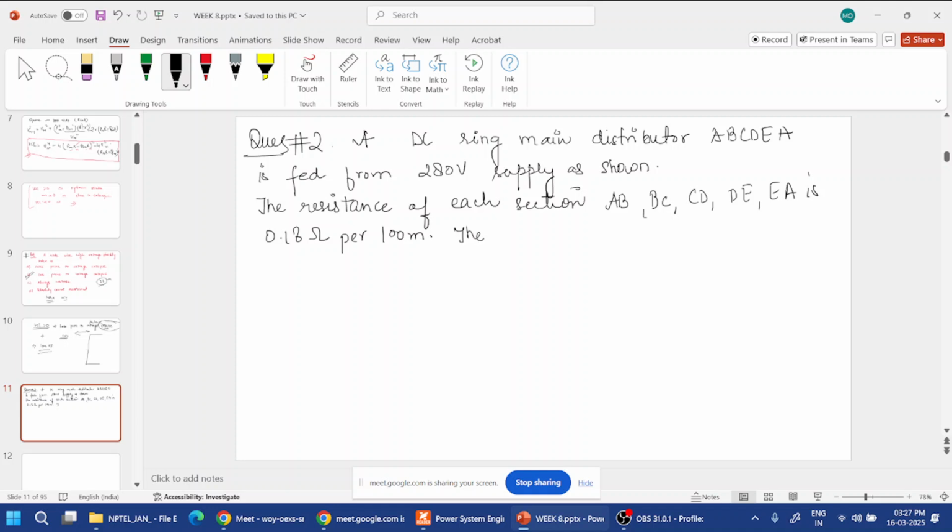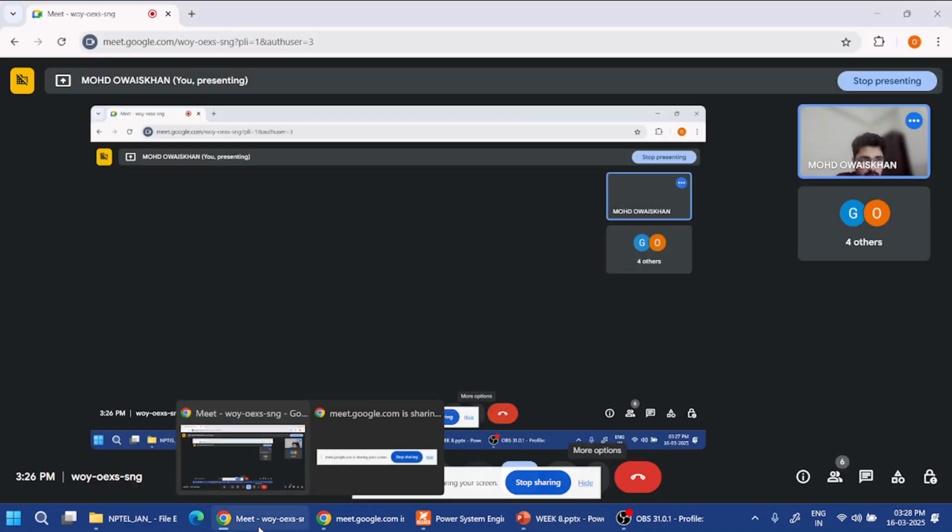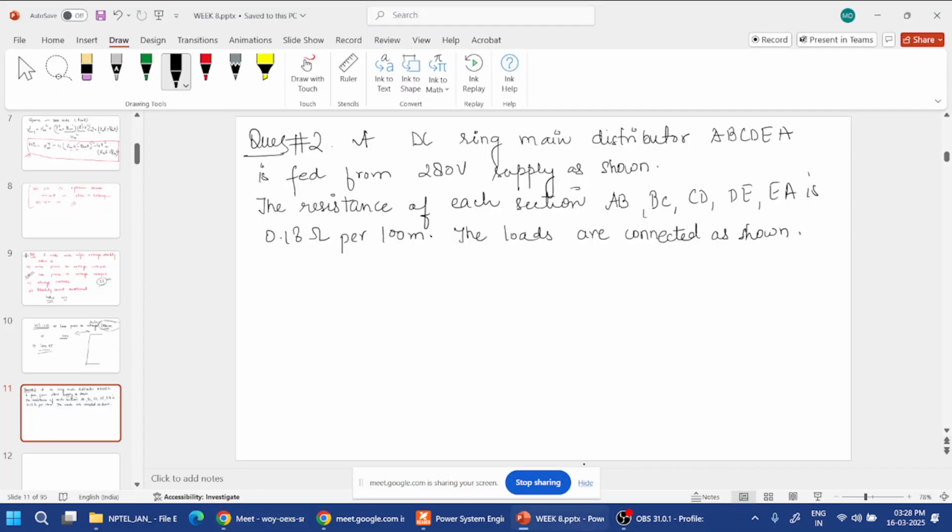The loads are connected as shown. Find the voltage at C and D.